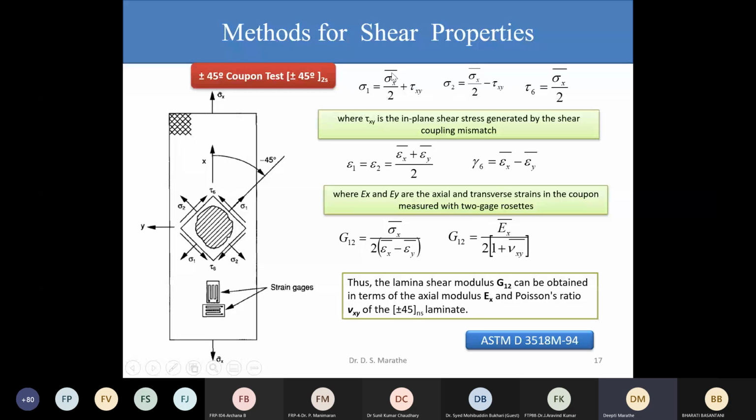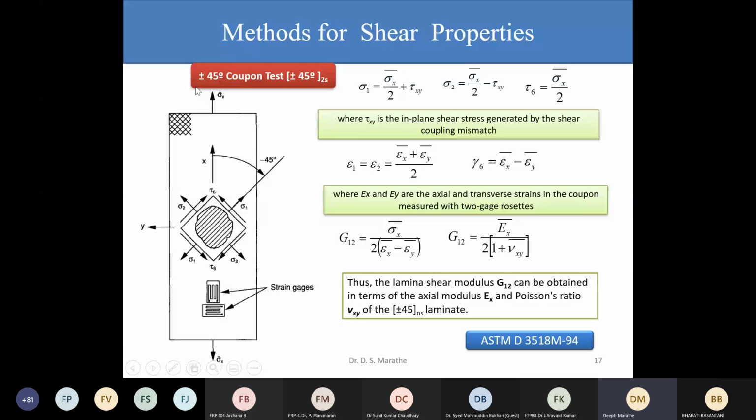From that I want to find tau 6, from that gamma 6, and from the same I want to find G12. So I carry out this tensile test of a laminate which is plus or minus 45, and I put in the strain gauges. What this measures is sigma x.